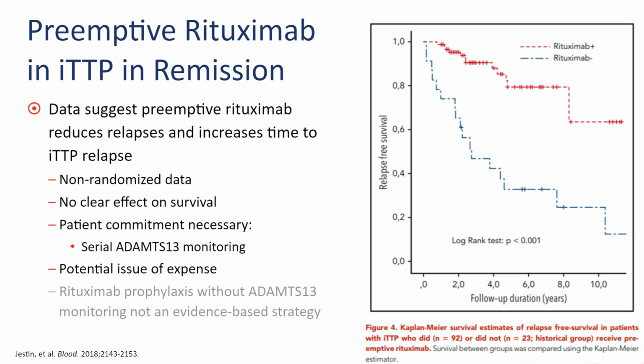Rituximab prophylaxis without monitoring the ADAMTS13 activity is not an evidence-based strategy. So using rituximab as a prophylactic should be combined with serial monitoring of the ADAMTS13 activity to monitor its effect and to monitor when retreatment might be necessary.